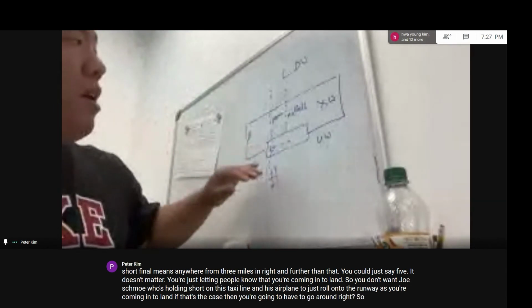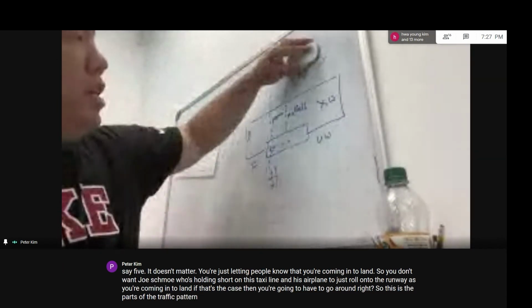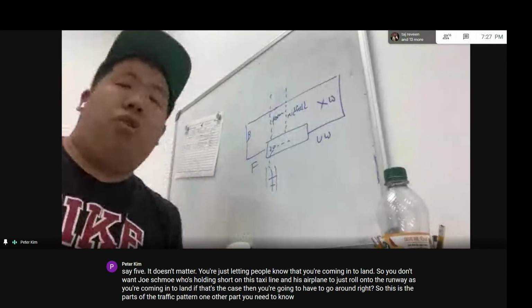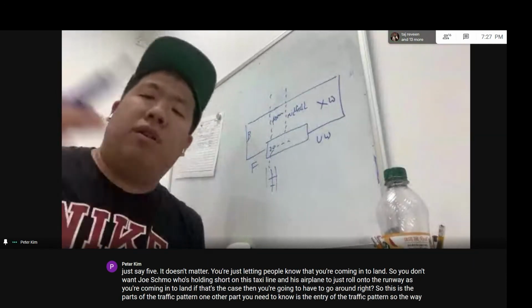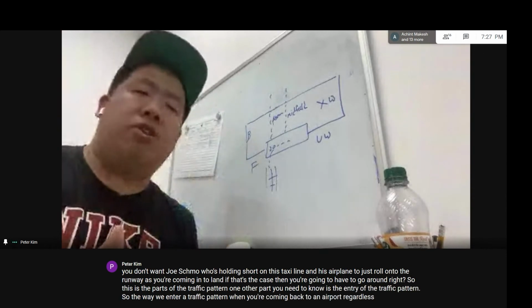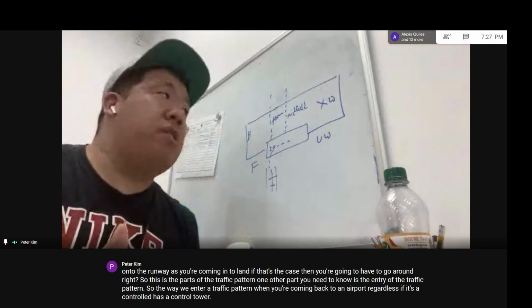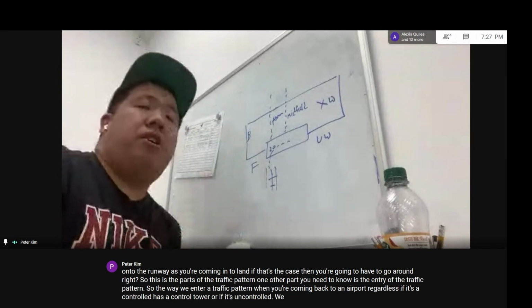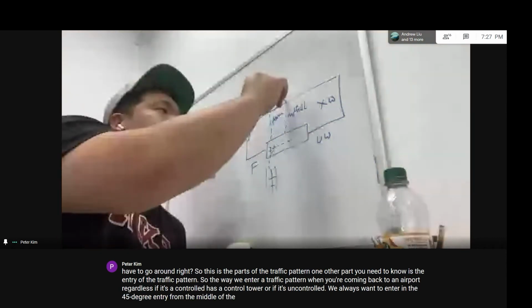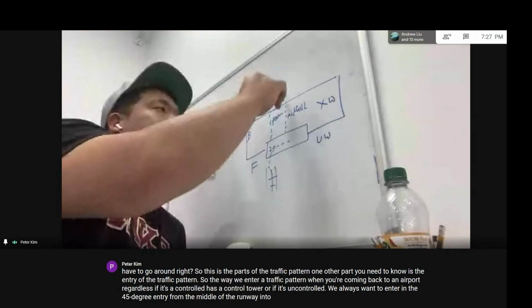So these are the parts of the traffic pattern. One other part you need to know is the entry of the traffic pattern. The way we enter a traffic pattern when you're coming back to an airport, regardless of whether it has a control tower or is uncontrolled, is we always want to enter on the 45-degree entry from the middle of the runway into the traffic pattern.